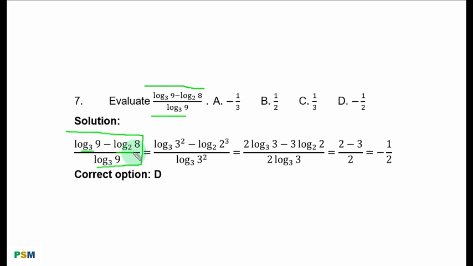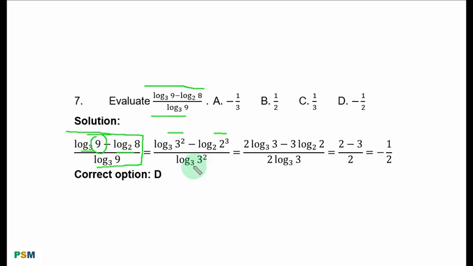To continue, you need to express the numbers so that you have results common to the given bases. To do that, you write 9 as 3 squared, then 8 as 2 cubed.